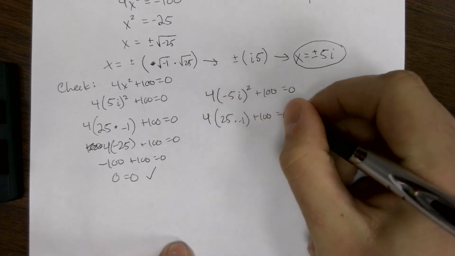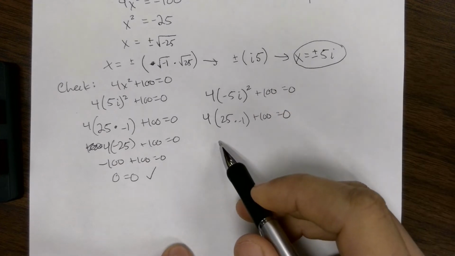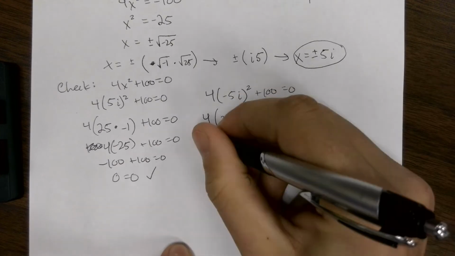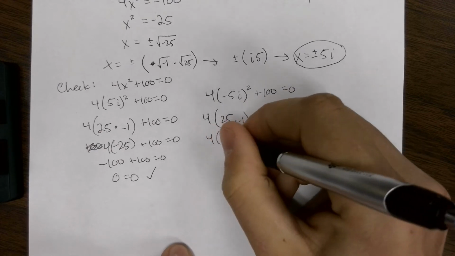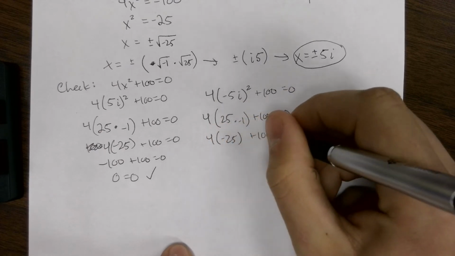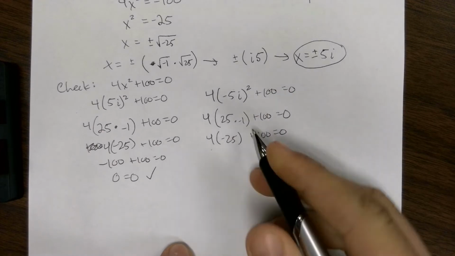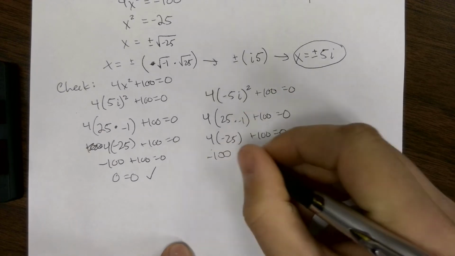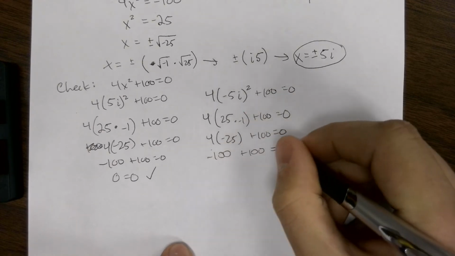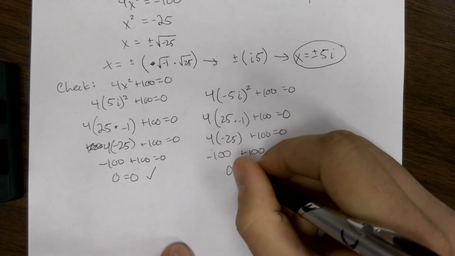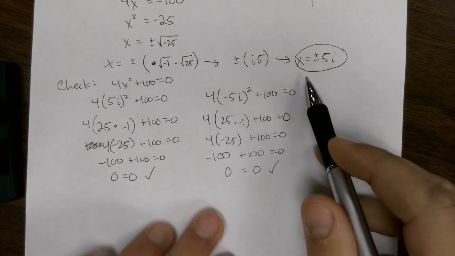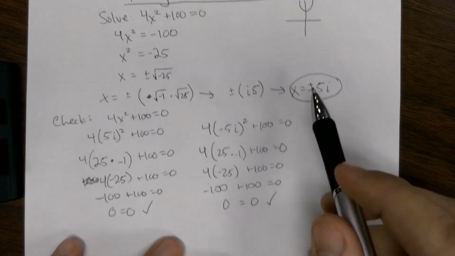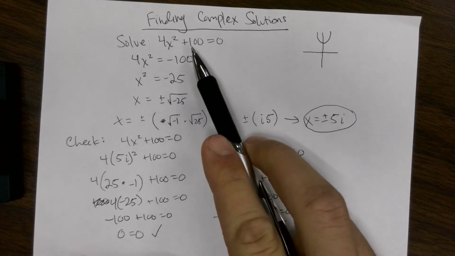Really just doing the same thing twice here. So 25 times negative 1 is negative 25, plus 100. 4 times negative 25, that's negative 100, plus 100, 0. And then I have 0 equals 0. Done. Good. So x equals plus or minus 5i is a solution to 4x squared plus 100.